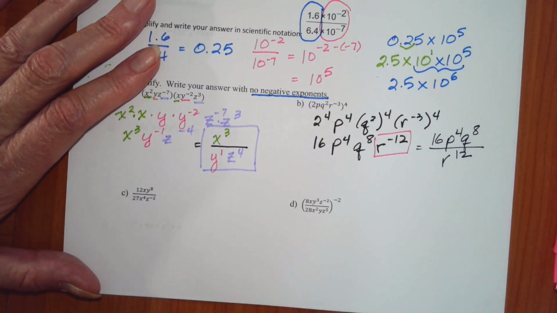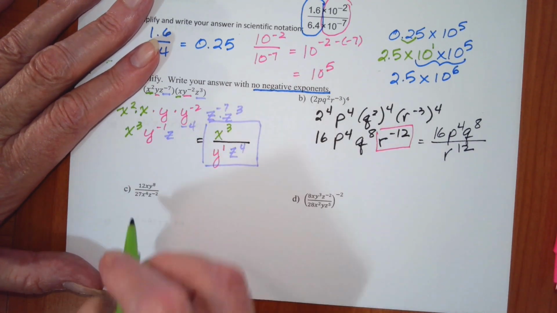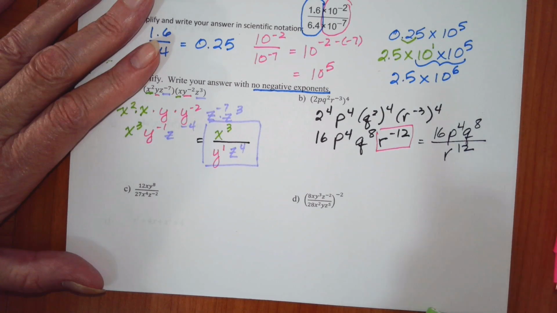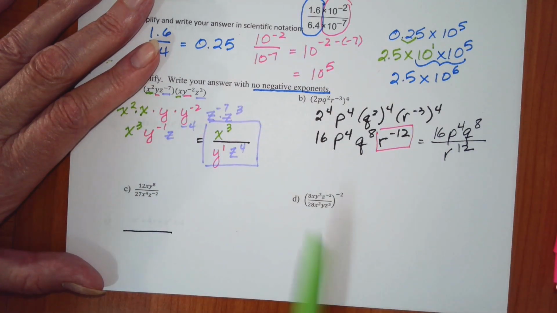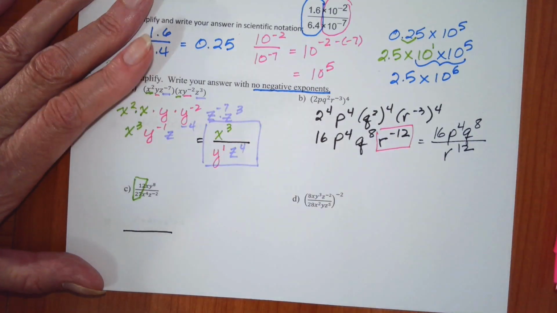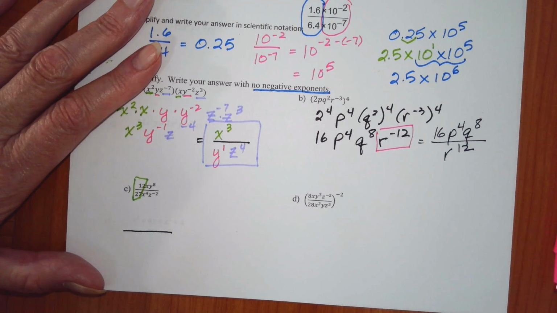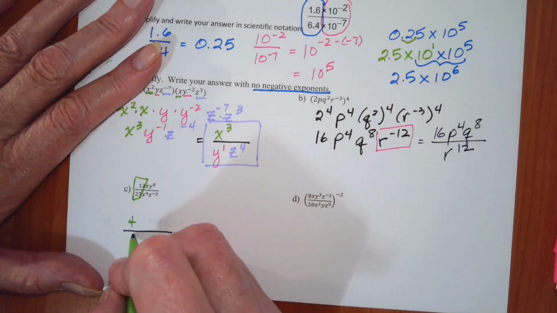Okay, let's see what I can do with this. All right, so I'm going to have to take care of this bit by bit, and this print here is really small. So I know I'm going to end up with a fraction, and who knows what's going to go in the numerator and the denominator. But I'm first going to take care of this 12 over 27. 12 over 27, they're both divisible by 3, so that becomes 4 over 9.